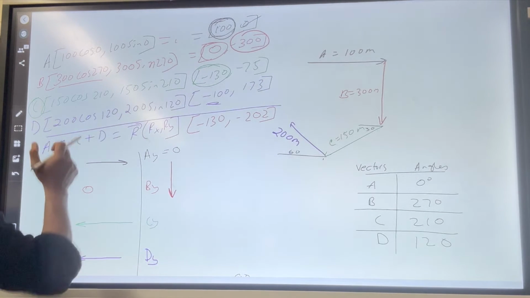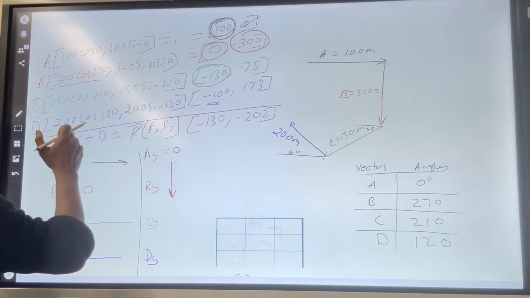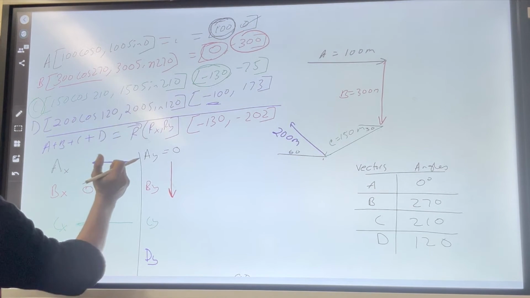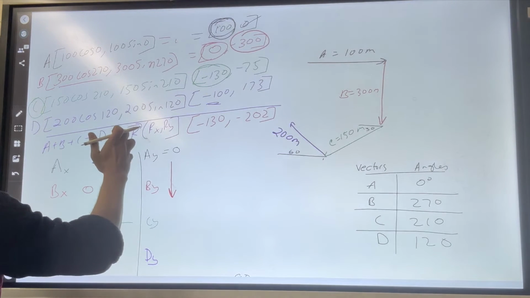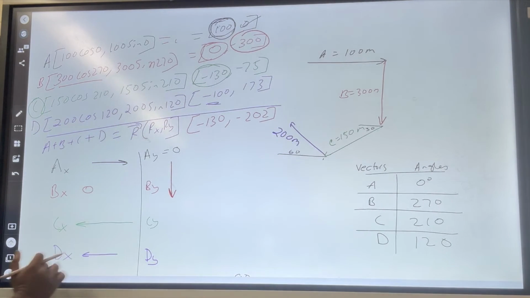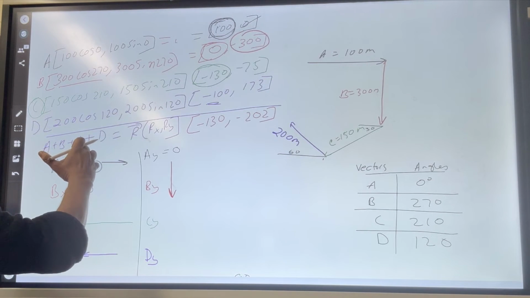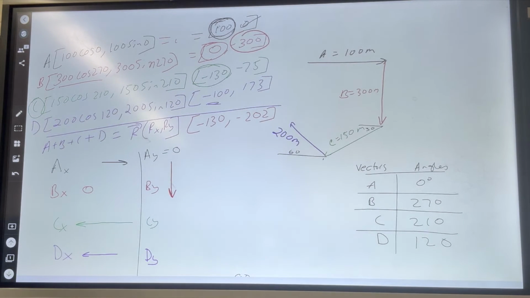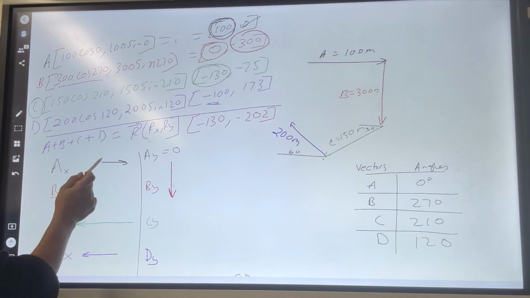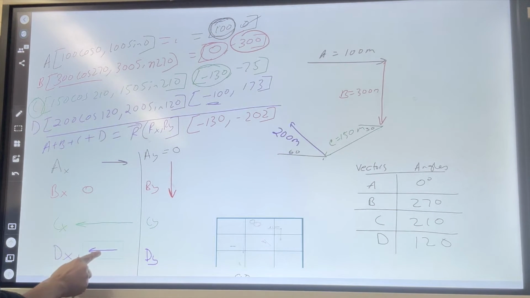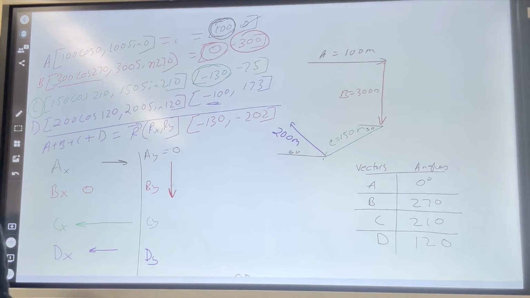So then I have to make the others smaller. DX is negative 100, so I make this one a little bit smaller. AX is 100 and this is negative 100, so this one has to be equal in magnitude. Good, and this one is 300. Now it's good.